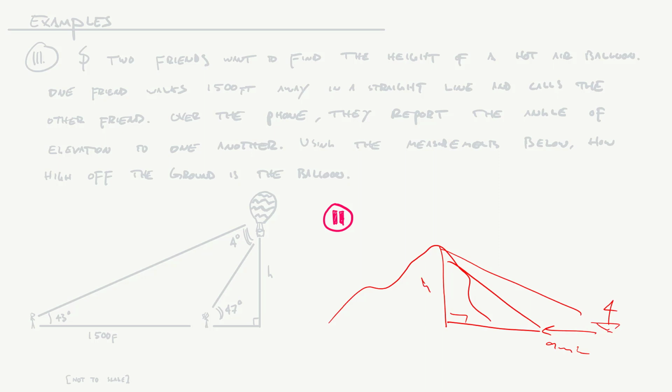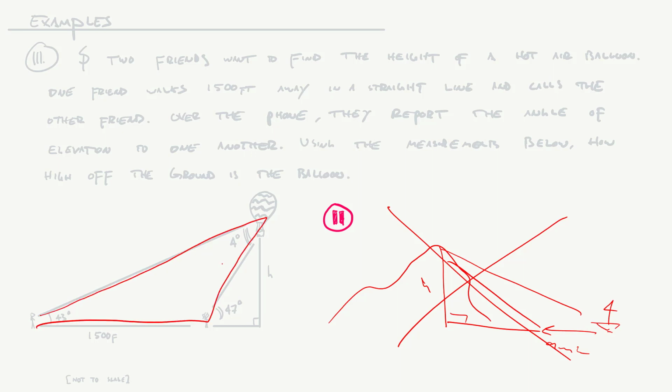Well, we can now do that without all this nonsense. We don't need to construct right triangles for that. We can actually just use the law of sines. We can use this oblique triangle, figure out what this length is, and then just use the normal sine ratio to figure out h at that point. So that's going to be my plan of attack here.